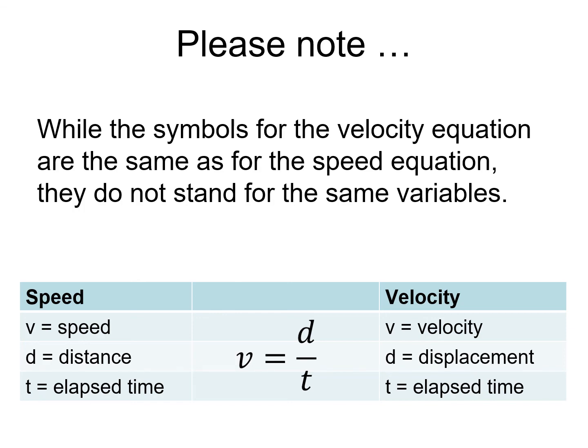In speed, that is distance, a scalar quantity that does not depend on direction. But with velocity, d stands for displacement, which, if you'll recall from the earlier lesson, is a straight line measurement from start to finish.